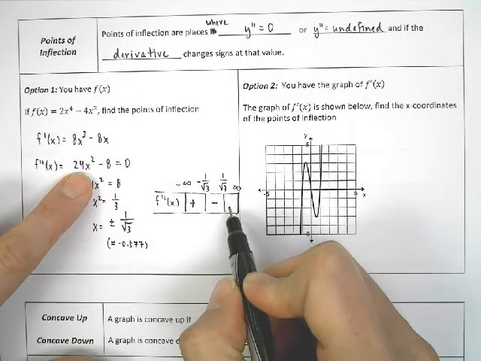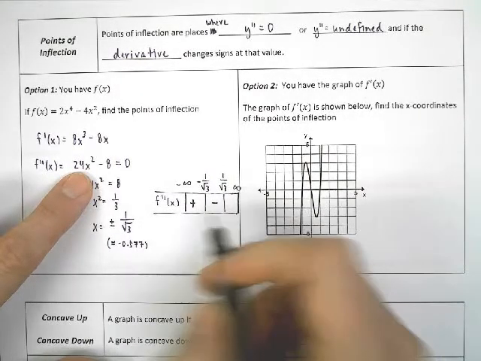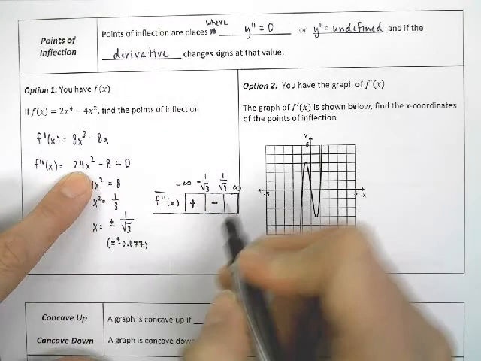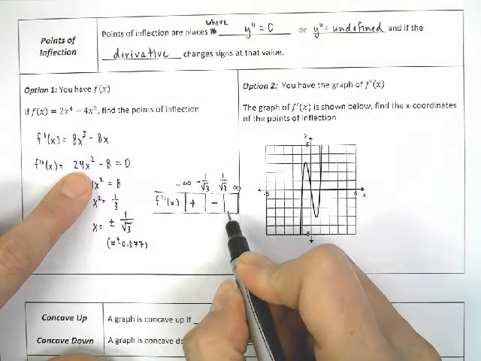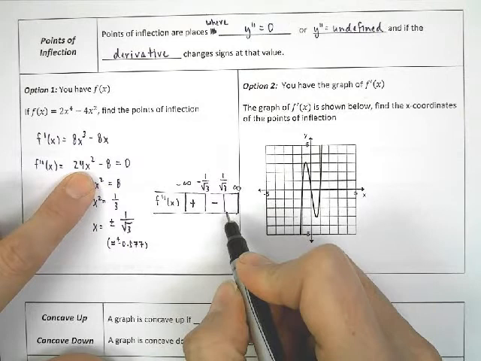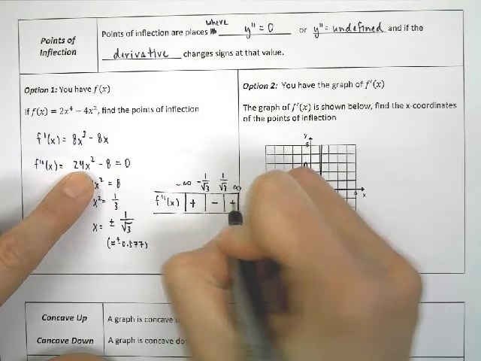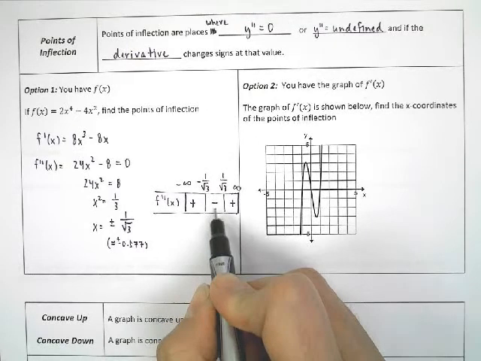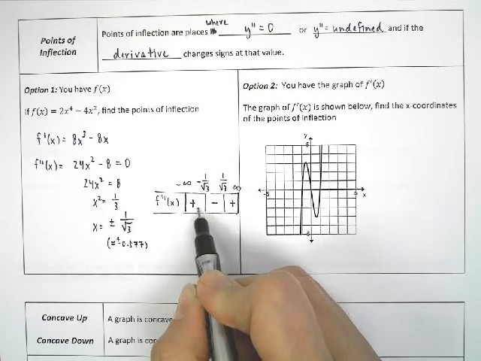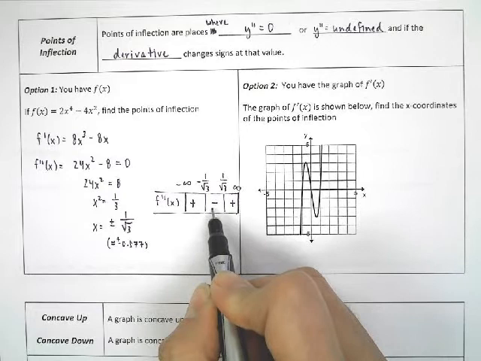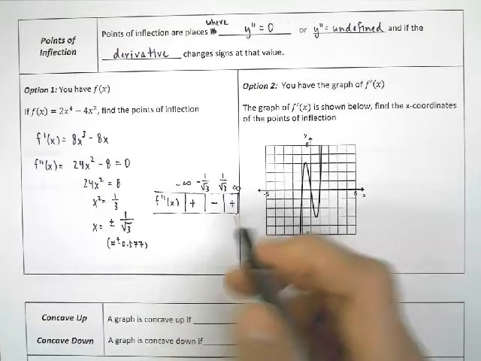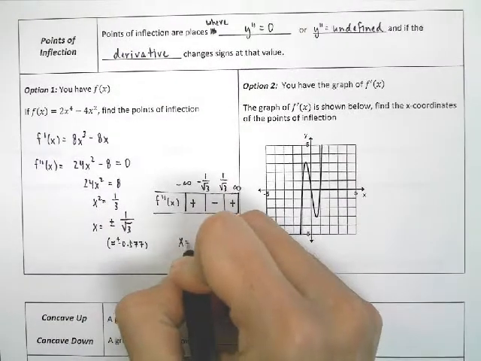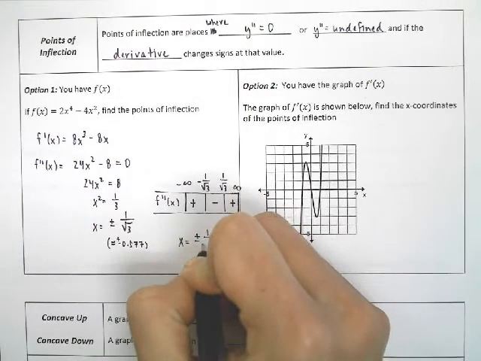And now I'm going to plug in something bigger than that. I should have put plus or minus here. So I'm just going to pick 1. So again, if I plug in 1 to my second derivative, it's positive. So now I can see that at both of those values, my second derivative actually changed signs. In this case, from positive to negative. This case, from negative to positive. So I do truly then have 2 points of inflection.